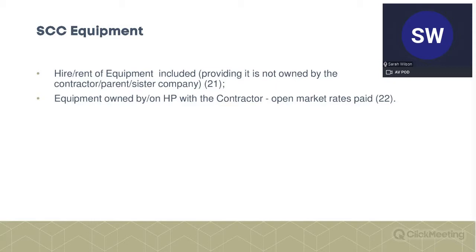If it is, then you get a market rate, to avoid the situation where a company approaches a parent or sister company to hire it, says 'I'm on option E', and they then increase the rates because both parties know they're going to recover it. So it's basically to stop any advantage being taken of the client. If the equipment's owned by the contractor or on hire purchase or whatever, then open market rates are paid.